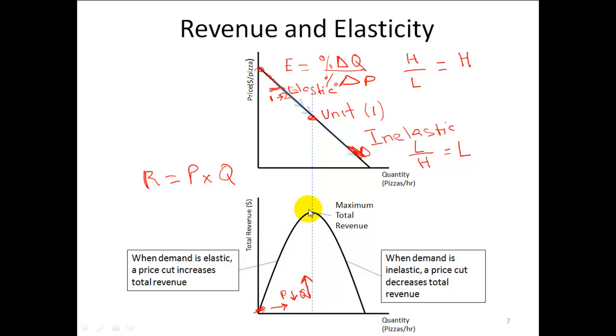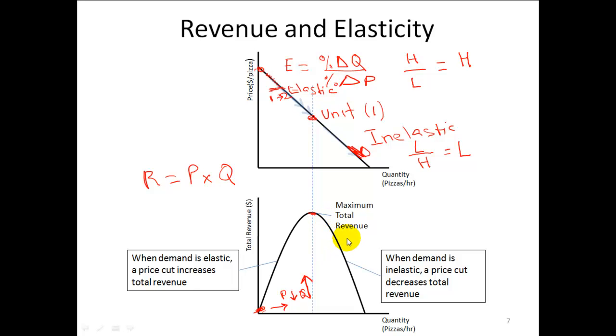That remains the case till we get to the point where we are at unit elasticity. At this point, unit elasticity, we maximize our revenue. What happens after this? After this, our demand curve is inelastic. If the demand curve is inelastic, what does that mean?